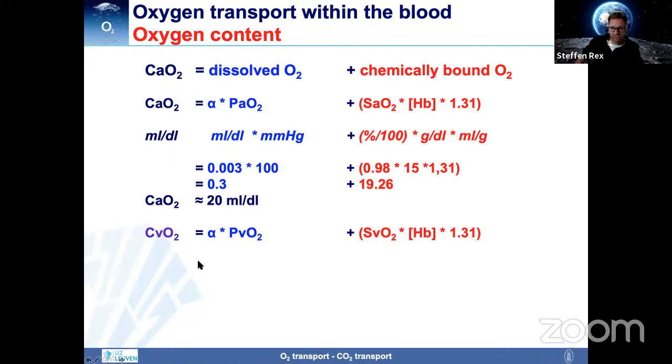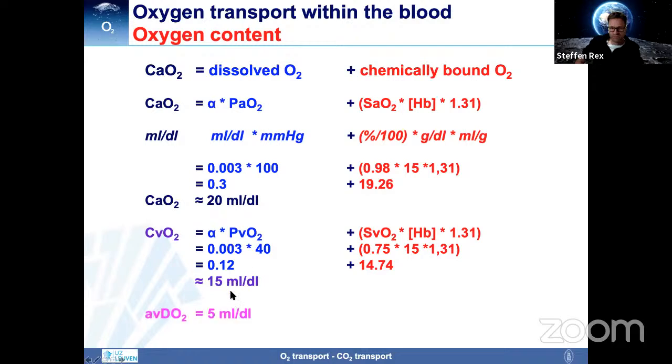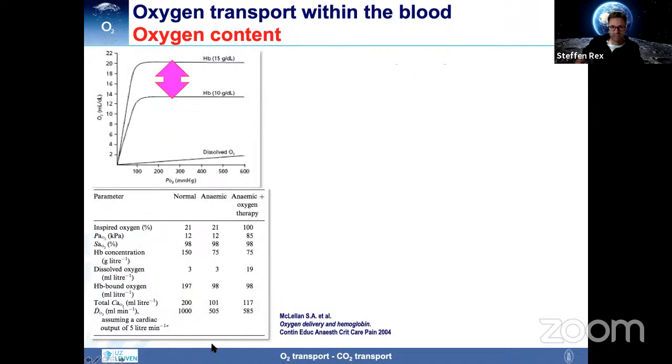On the venous side, mixed venous, we have the same, but we have 15 milliliters per deciliter. That means that the arterial venous oxygen difference is only 5 milliliters per deciliter. That means that we have really a luxury situation, because the body takes only 5 milliliters of these 20 milliliters, so we have only an extraction rate of 25%.